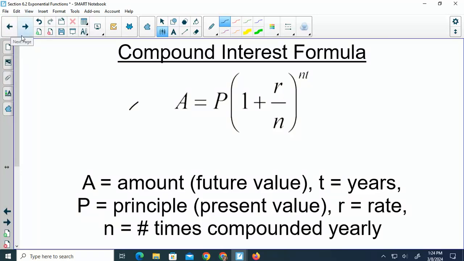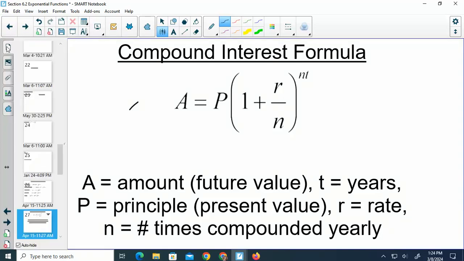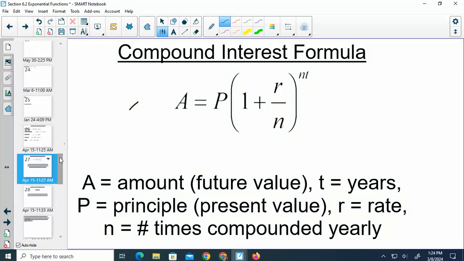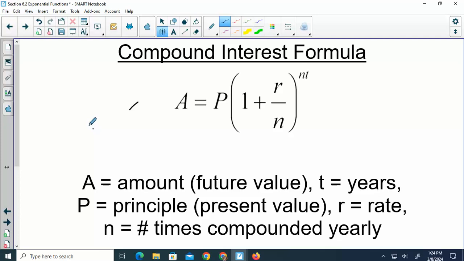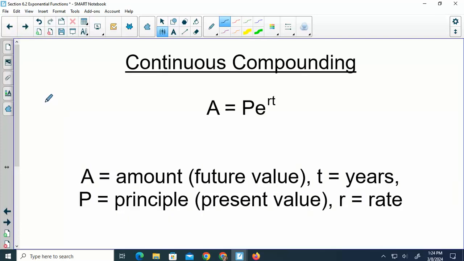The other option, as you accrue interest more and more frequently, I stopped at daily, but is that the most often we could calculate interest? No, we could go every hour, or every minute, or every second. And that leads us into what's called continuous compounding. So if you're compounding continuously, there is actually a button on your calculator. It's above the natural log.